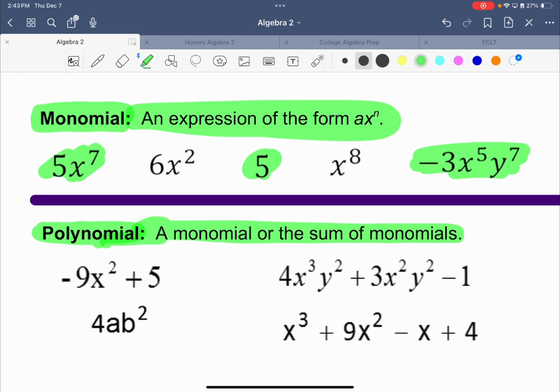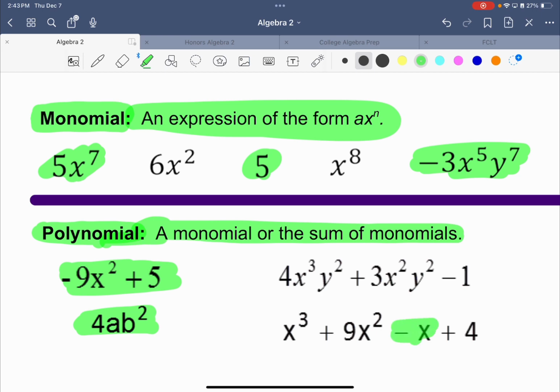Each of those pieces within a polynomial is considered to be a term. So something like negative 9x squared plus 5. That's a polynomial. It's a monomial plus another monomial. A monomial is also considered to be a polynomial. And the other two as well.